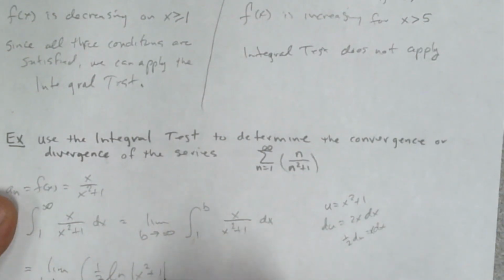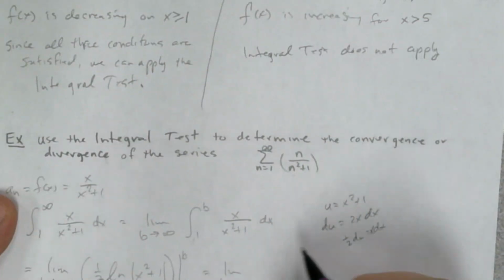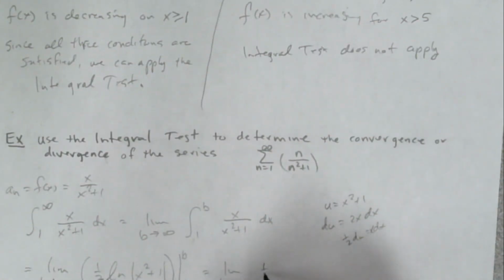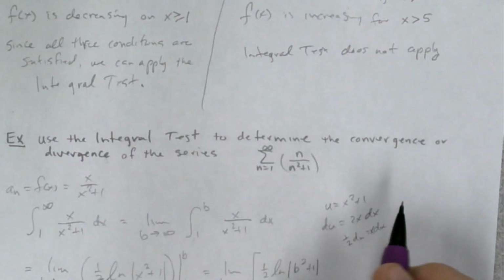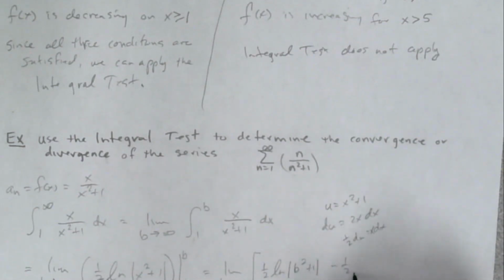And we're going to evaluate that from 1 to b. So then we have our limit as b goes to infinity of 1/2 the natural log of b squared plus 1, minus 1/2 the natural log of 2.